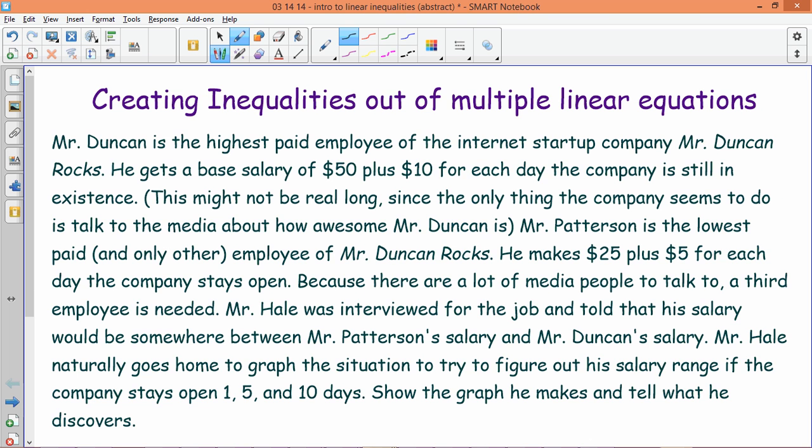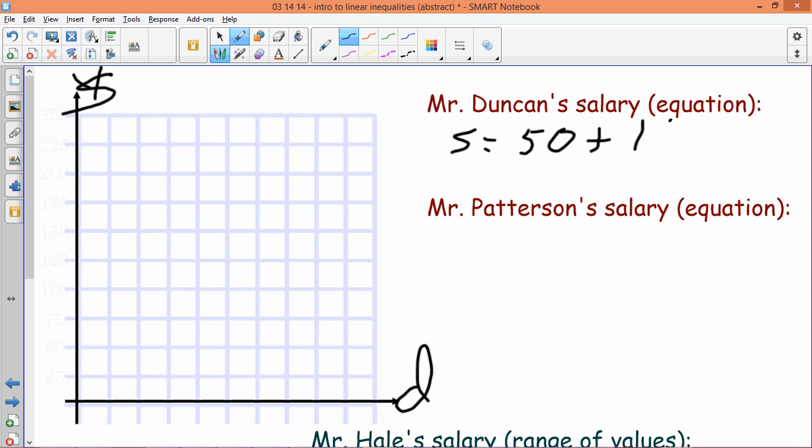Yes, it is $10 for each day, so plus 10 times d. Of course, if we're going to write this in y equals mx plus b form, I'm going to want it as s equals 10d plus 50. Okay, great. So we've got that.